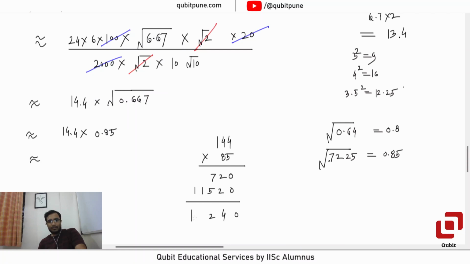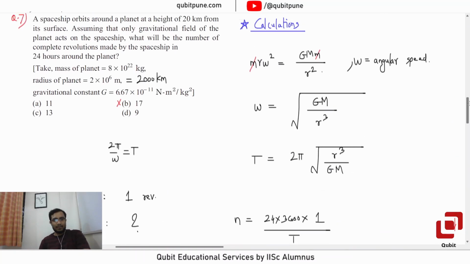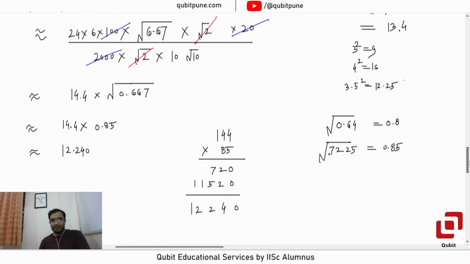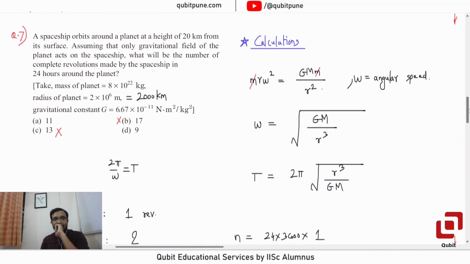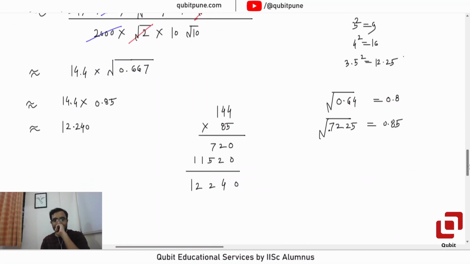So that is around 12.240, and our answer is less than that, so 13 is also not right, but it's definitely not two less than that. Now we have to decide between 9 and 11.